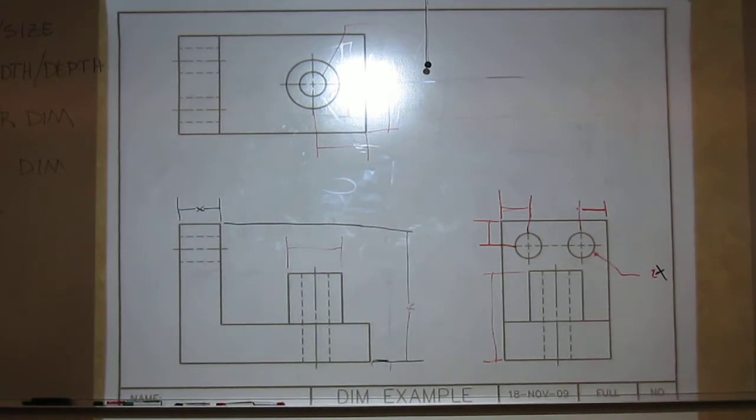So in the front view, we have height and width. Where's your depth dimension?